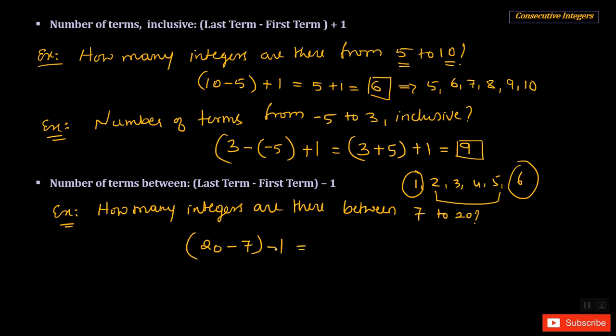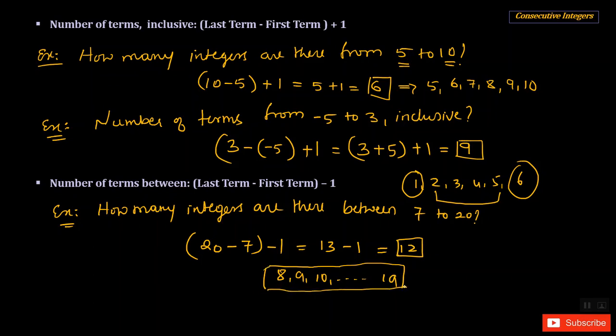So 20 minus 7 is 13, 13 minus 1, so total there are 12 integers. Which are those? 8, 9, 10 till 19. If you count, there are a total of 12 integers from 8 to 19, right? So this is the way of calculating the number of terms between.